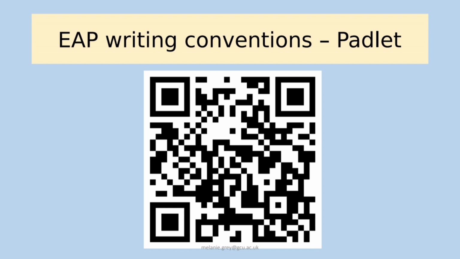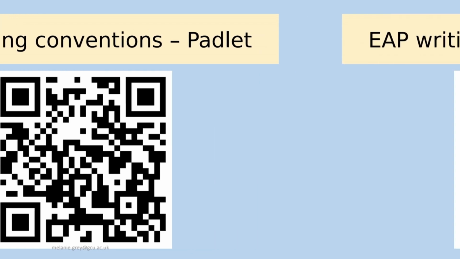Academic style, 10 features of academic writing, writing conventions, long sentences and how to avoid them. Make the sentences concise and precise. We've got paragraph structure there, ambiguous writing, precision writing, reporting verbs, what constitutes plagiarism. So I'll be referring to this throughout the session.